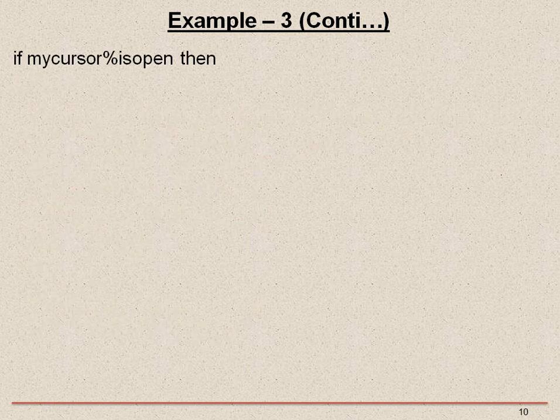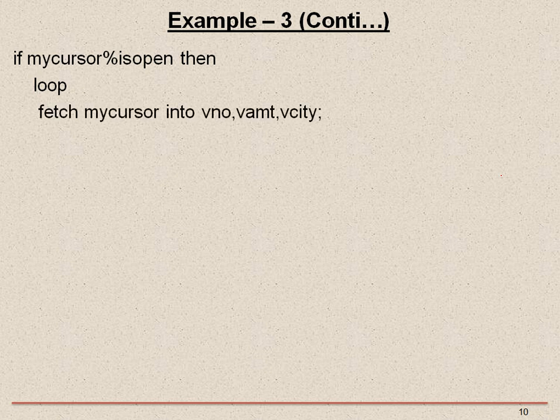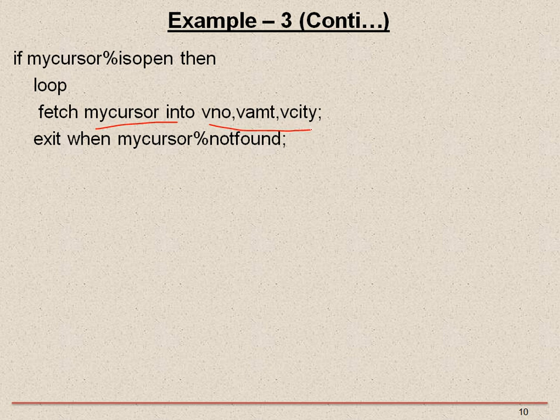Now, checking if the cursor is open or not. If this cursor is open, then loop and fetch these records. So fetch cursor name into variable names, then exit when cursor percentage not found.